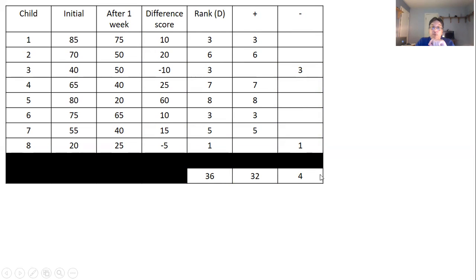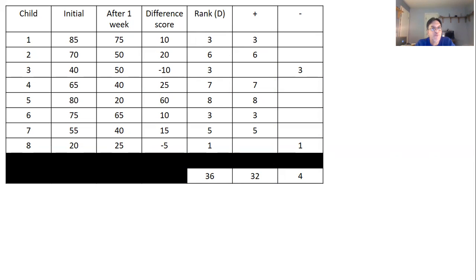So again, if you didn't get 32 and 4, please go and see which one you made a mistake on and what mistake you made. So again, if you mess up with the rankings, this is going to go wrong. If you move them into the wrong columns or move something from the difference column rather than the rank column, this goes wrong. Okay, so none of this is hard. All of it is a little bit tricky. Okay, and this is not Tim tricky. This is just easy, tricky stuff that happens.